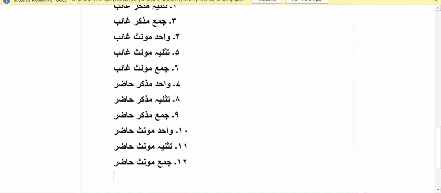Tasniya muzakkar hazir, jama muzakkar hazir, wahid muannas hazir, tasniya muannas hazir, and jama muannas hazir.